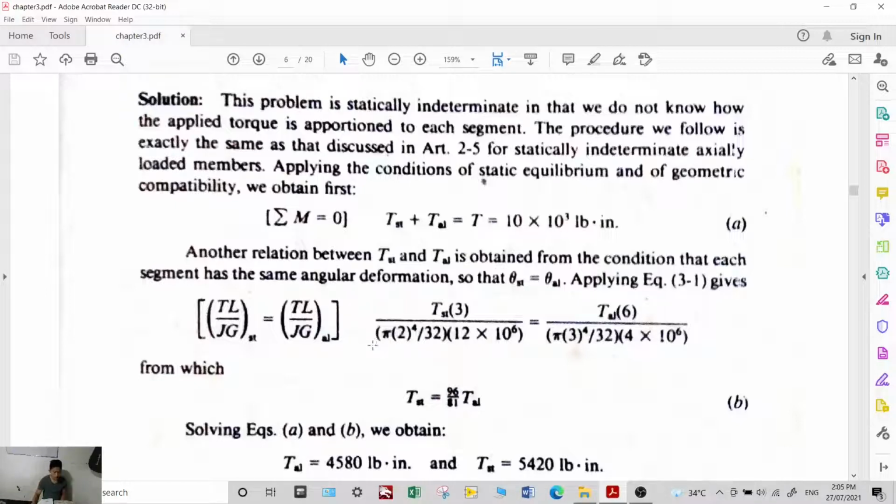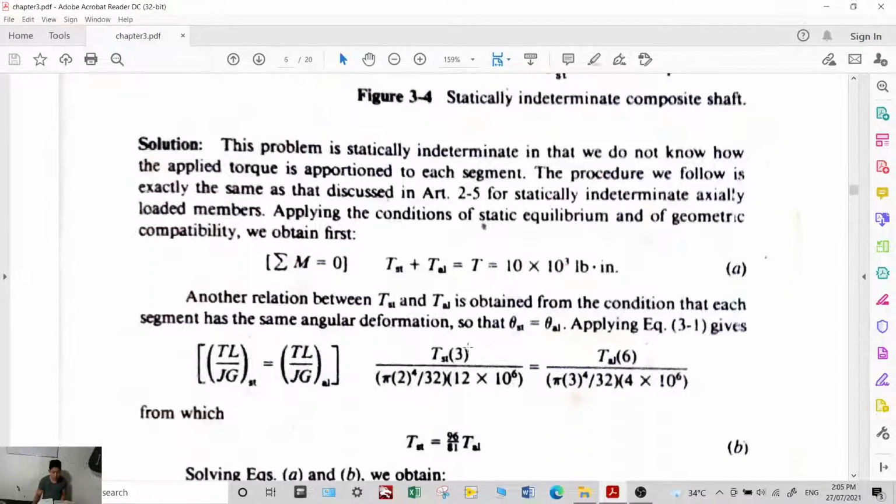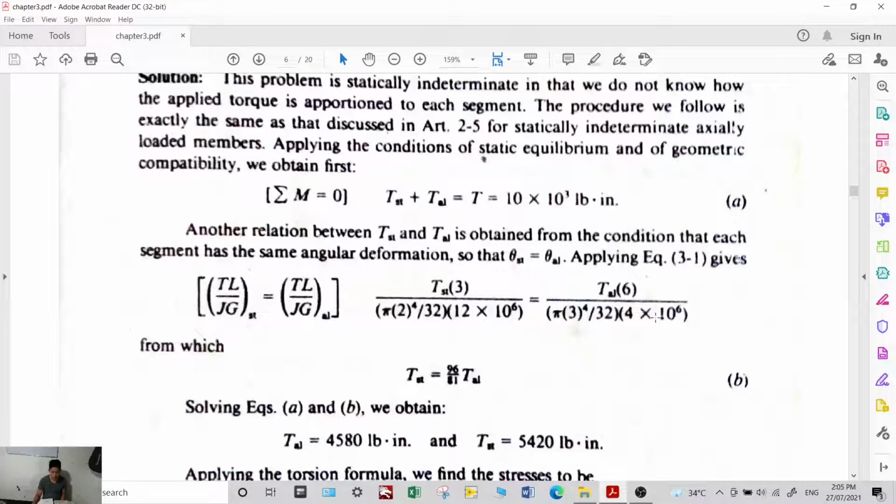Okay? Times G, which is the modulus of rigidity. And also for the aluminum.